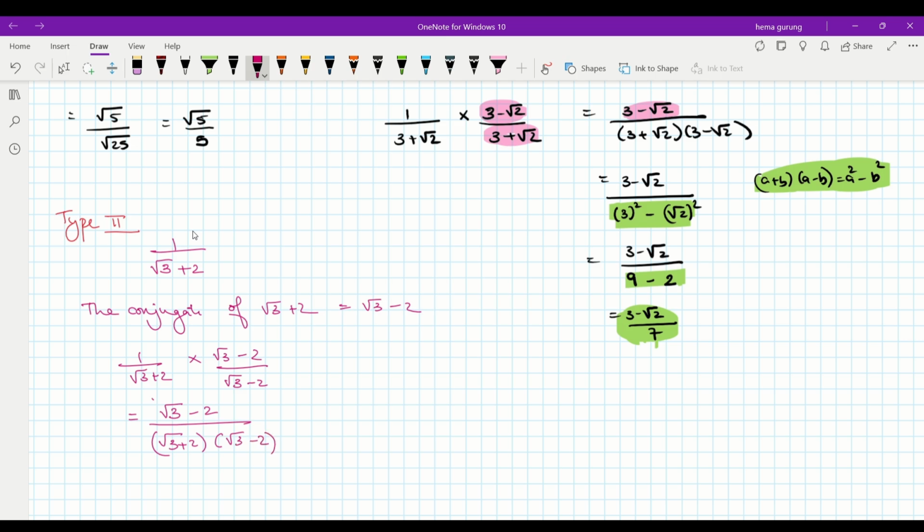Okay, again, it is in the form of a plus b times a minus b, which can be written as root 3 square minus 2 square, that is 3 minus 4, which is negative 1. So we get root 3 minus 2 over negative 1, which can further be written as 2 minus root 3. That's your answer.